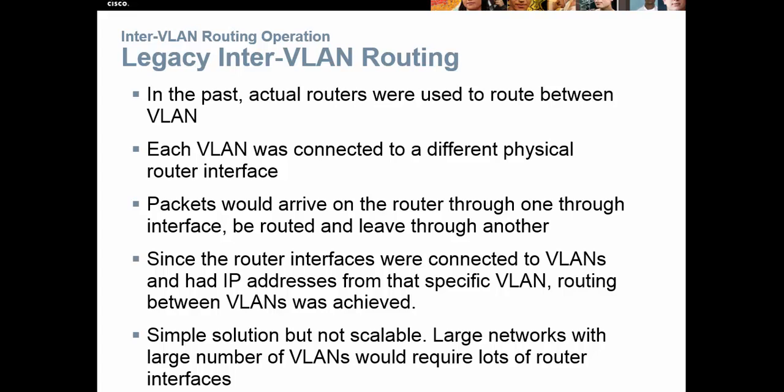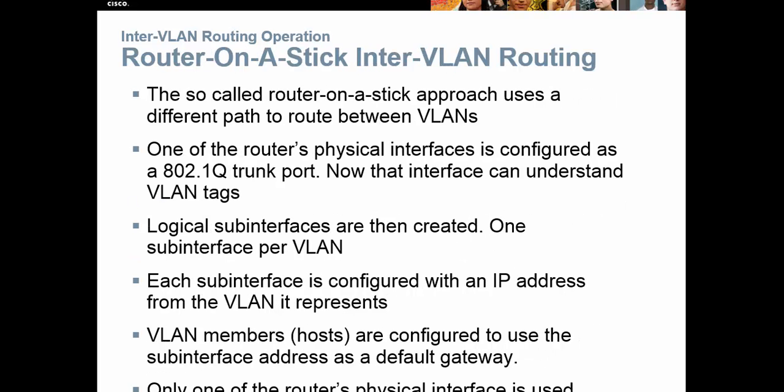And since the router interfaces were connected to VLANs and had IP addresses from that specific VLAN, routing between VLANs was achieved. Simple solution, but it was not scalable. Large networks with large number of VLANs would require lots of router interfaces, and this can be very expensive.